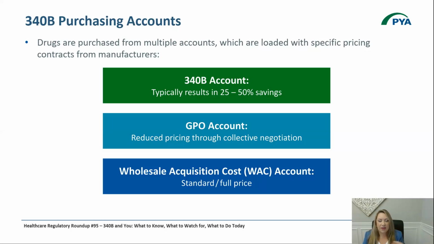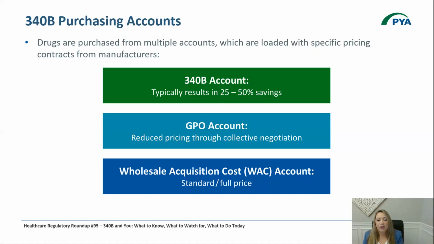That WAC account is going to be that highest sticker price that no one really wants to pay if we can figure out another way, because it's going to be the most expensive. That 340B account is a great account, but of course we can only use that for covered outpatient drugs for eligible outpatients. That is that 25 to 50% savings that we talked about earlier.